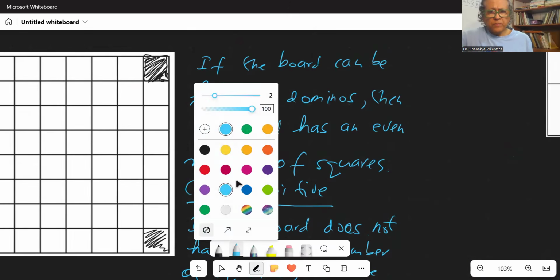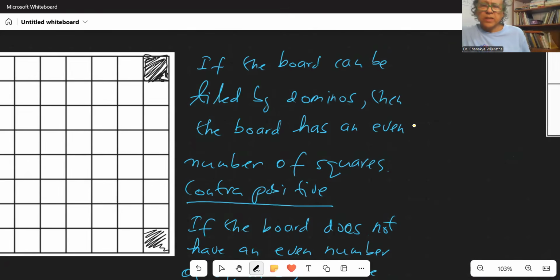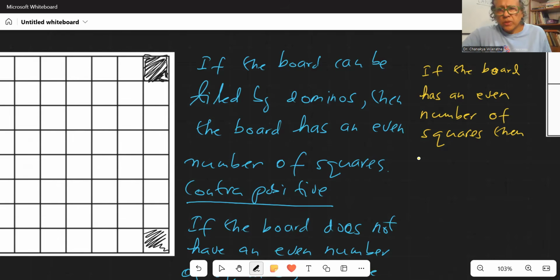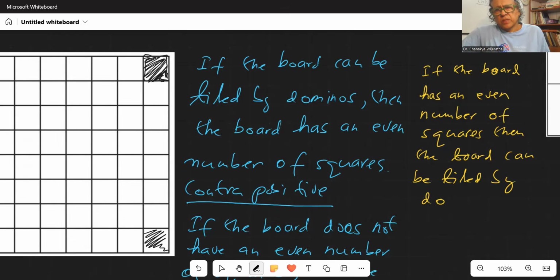What is the converse of this theorem? The converse is that if the board has an even number of squares, then the board can be tiled by dominoes, right?